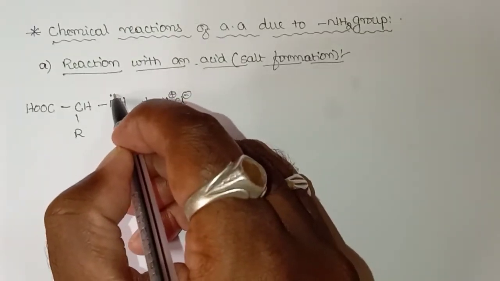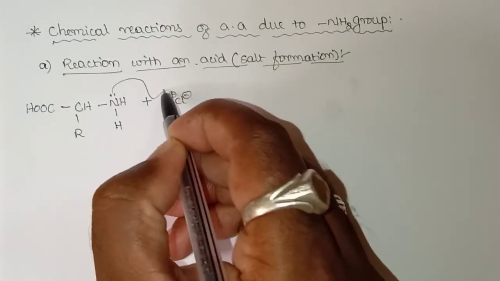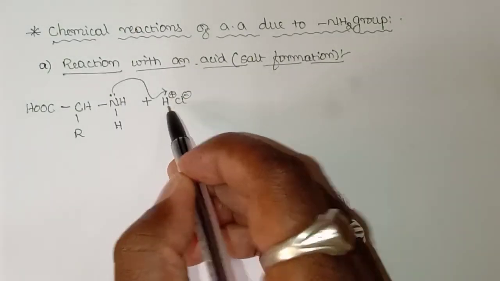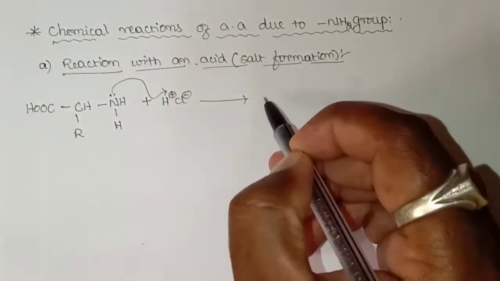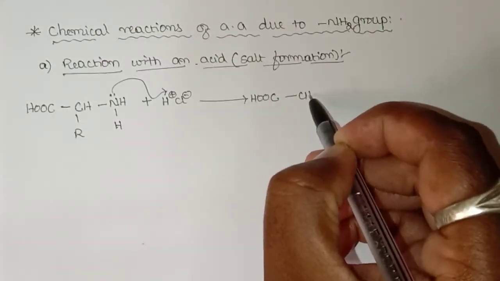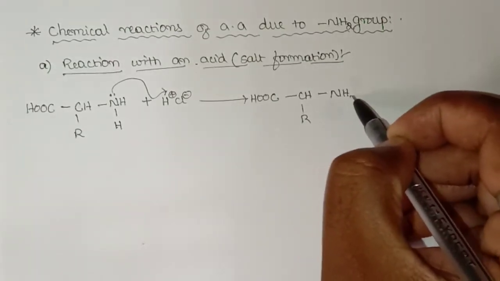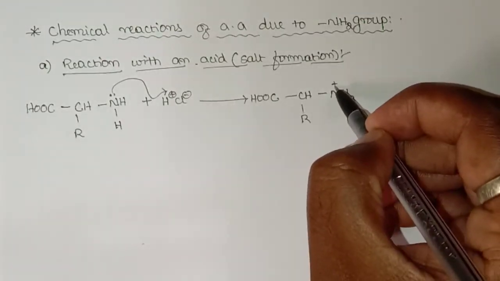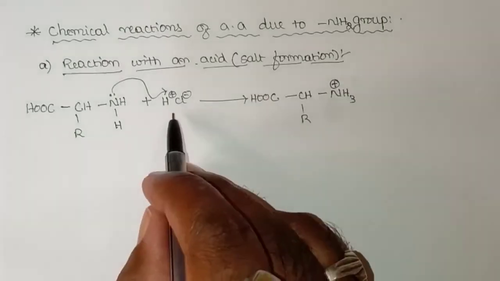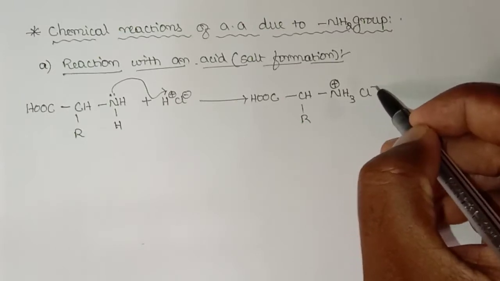We know that there is a lone pair of electrons on the nitrogen atom, and this lone pair will be donated to the electron deficient H plus. That results in the formation of COOH, CH with the side chain, and NH2 converts into NH3; due to the donation of the lone pair, nitrogen attains a positive charge. To counter this positive charge, the Cl minus comes over here.